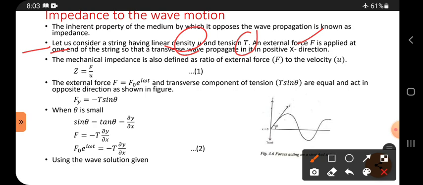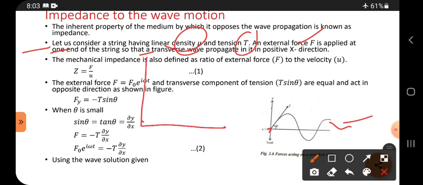On any one end. So one end is fixed here and at the other end we are applying the force, so that transverse waves propagate in the positive x direction.